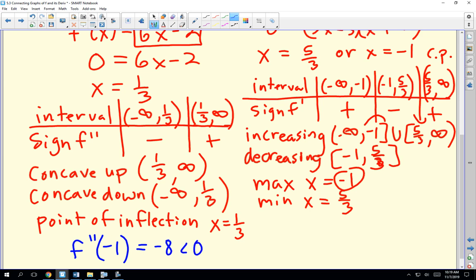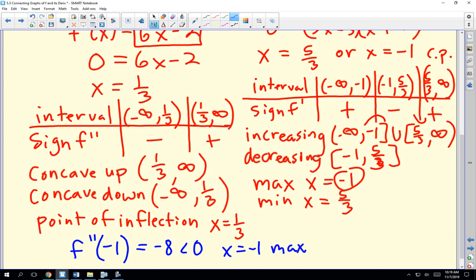So if f double prime of -1 is less than 0, then that makes it a max. And really the way I think about it is because f double prime is negative, it's concave down. So it makes it a max. X equals -1 is a max.